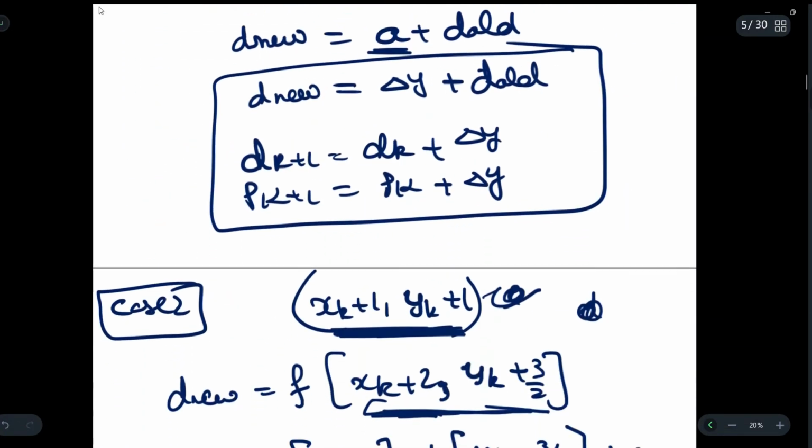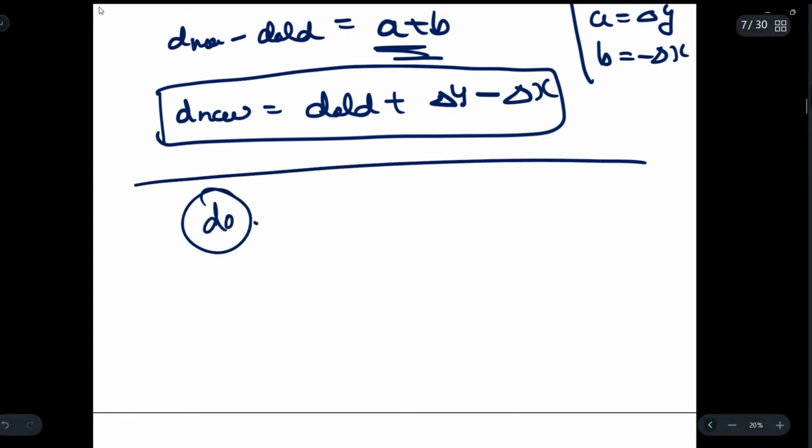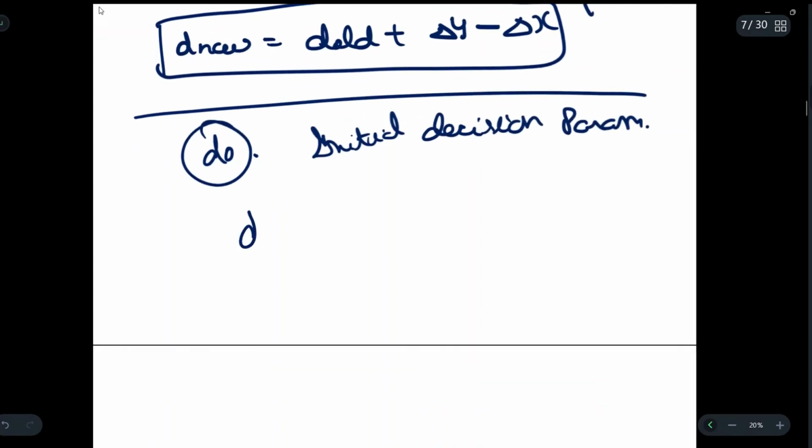Now guys, we will find out the initial decision parameter, that is the value of dk or d naught. Let us say d naught, initial decision parameter. So for that we will write first of all d as f of xk plus 1 comma yk plus 1 by 2.